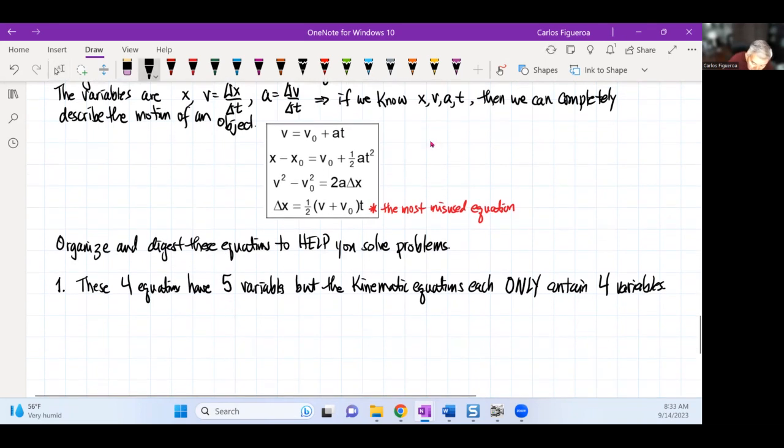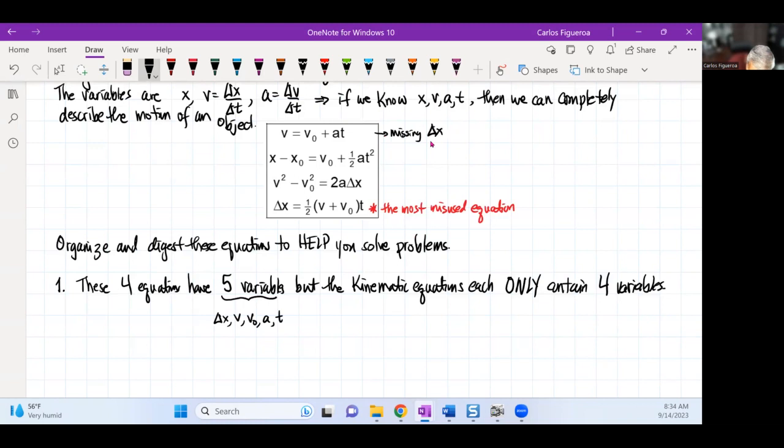If you look at the first one, you could see that there's V initial, A, and T. Note that something is missing from the first one. What's missing? It turns out delta X. Delta X is not there. So what are my variables here? If I look at my variables right here, there's delta X, V initial, A, T. So you can see that the first one is missing delta X. And then here, what's missing from this one?